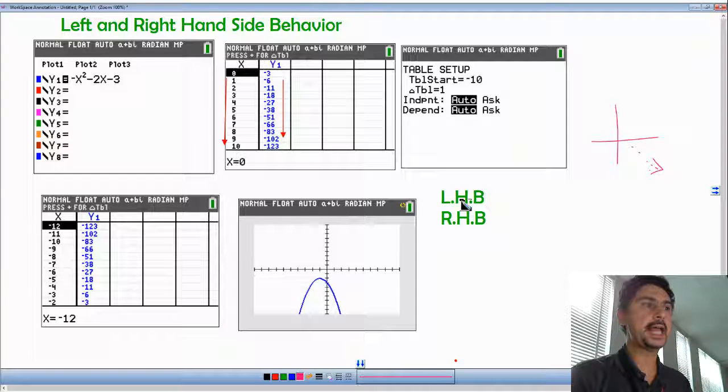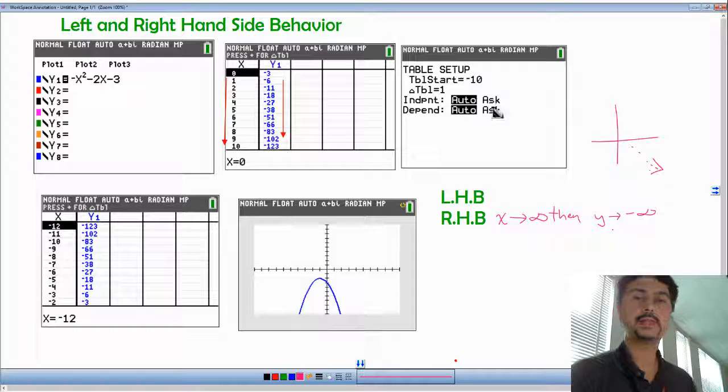And what we say is that on the right-hand side of our graph, as x goes to infinity, as x is getting bigger and bigger to positive infinity, then y is going to negative infinity.